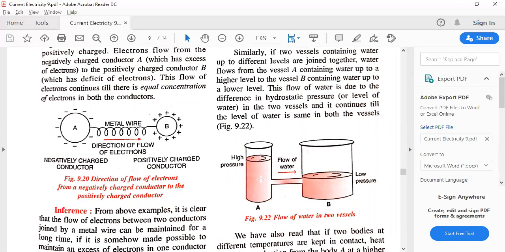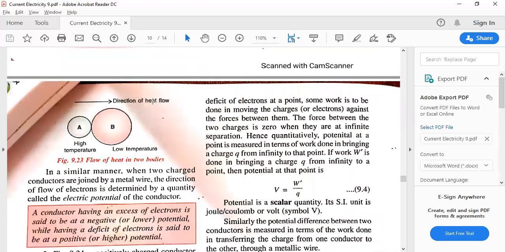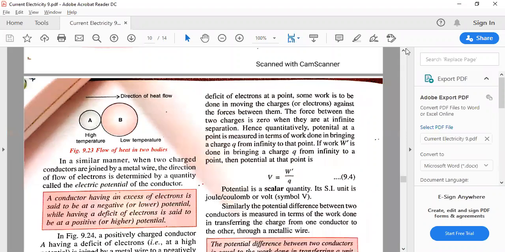In nature, whoever has high pressure, it will be from higher to lower. So that is one of the reasons. For example, the direction of heat: whoever has high temperature, the heat will flow from the high temperature body to the low temperature body. So, just to be in sync with this convention, with nature.